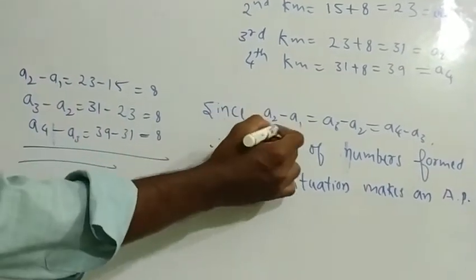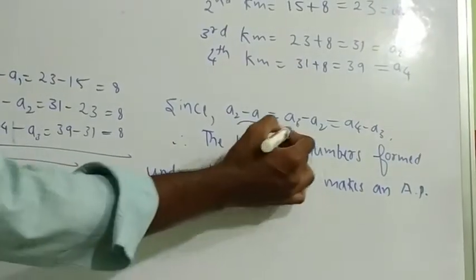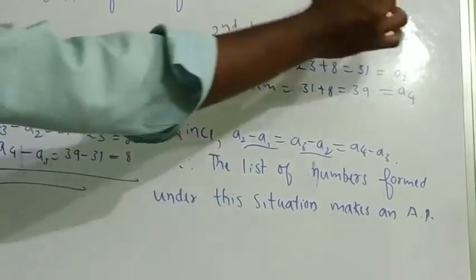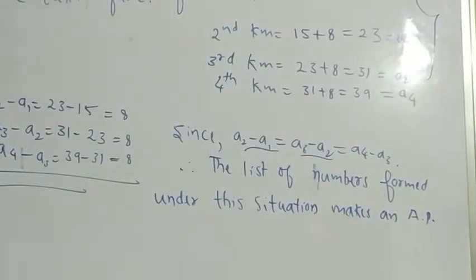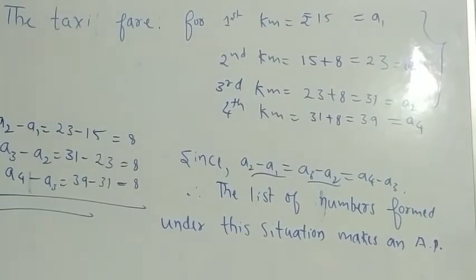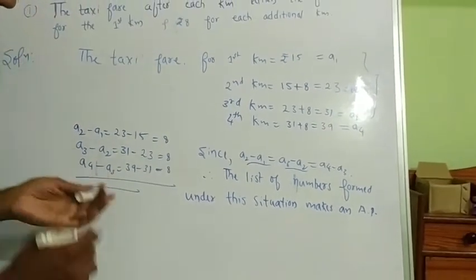Because, as we stated the reason, A2 minus A1 is D, and D is fixed across the sequence. Therefore, the list of numbers formed under this situation makes an arithmetic progression. Next.